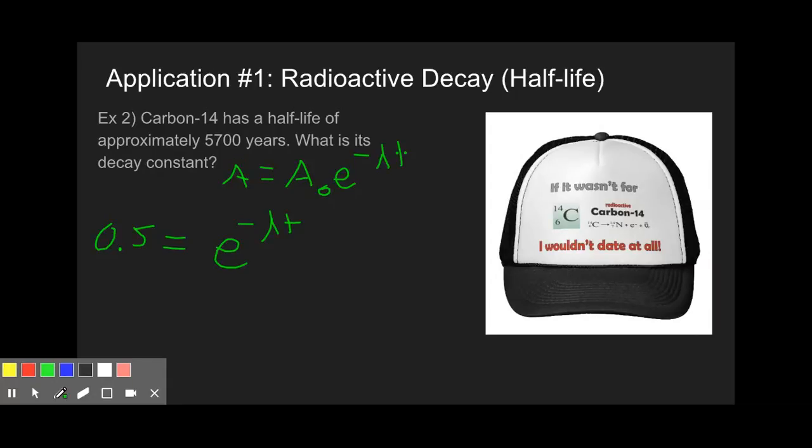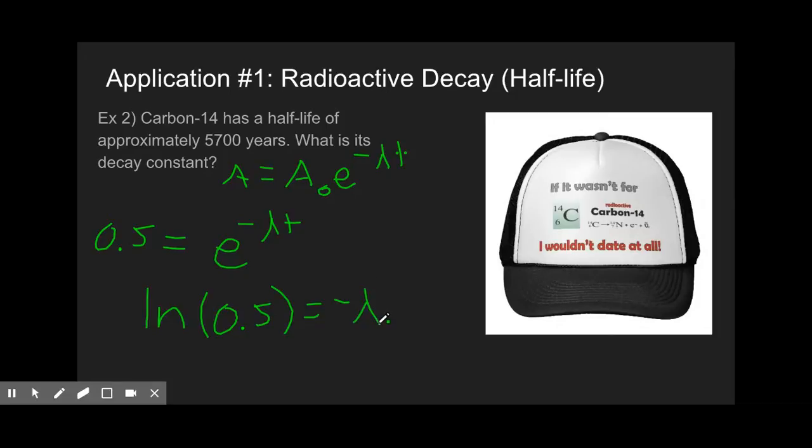And just remember that when your base is e, like it is here, you have a special log button, the natural log, so ln of 0.5 equals negative lambda times t.